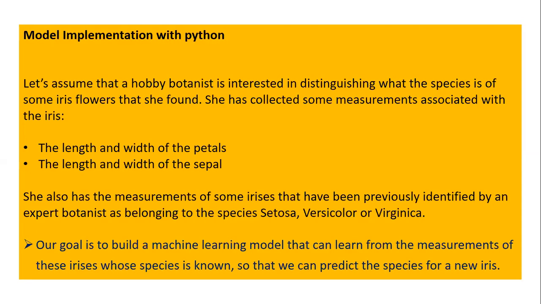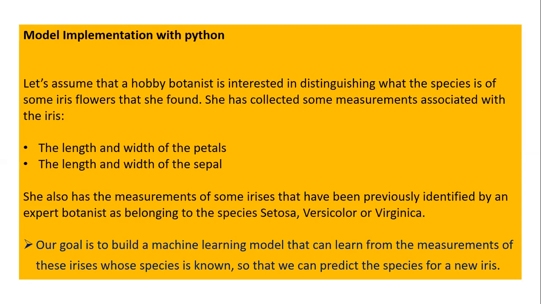So the scenario is that a beautiful lady botanist has collected some flowers, and now she wants to know to which type these flowers belong. She measured the newly collected flowers: length and width of the petals and length and width of the sepals.